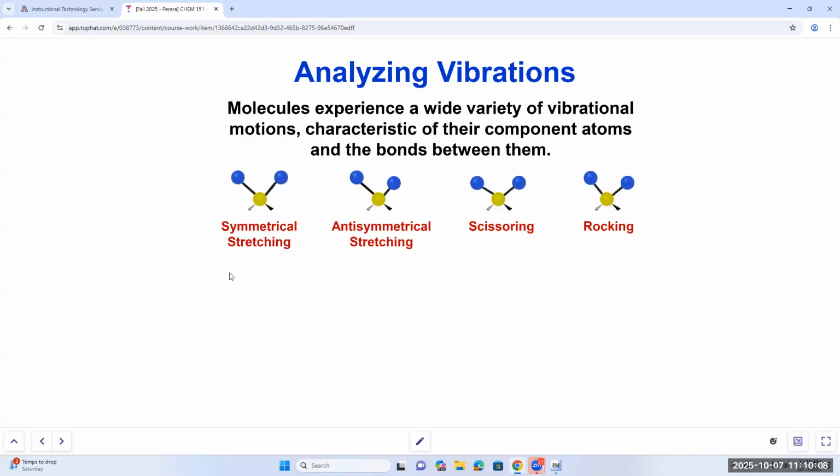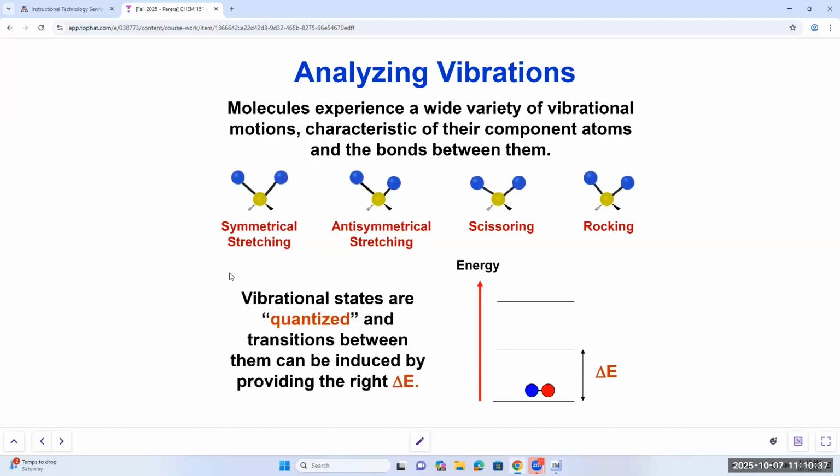Anyway, the idea is this: we know vibrational motions of the molecules are induced by what radiation? Infrared, right? Therefore, we're going to be using infrared spectroscopy, or infrared radiation, to induce transitions between vibrational states in molecules.